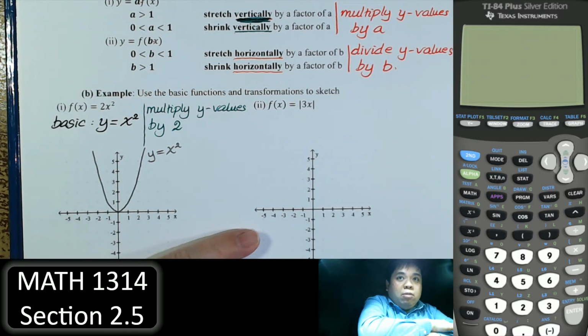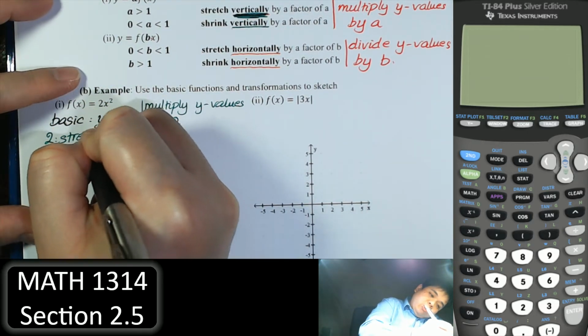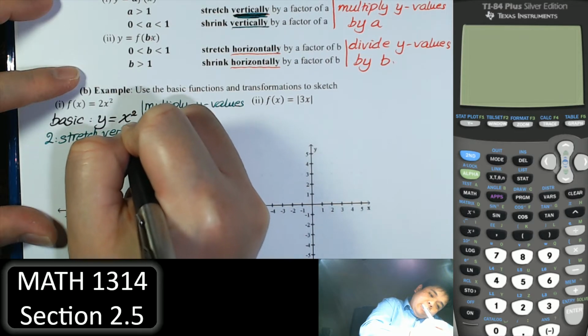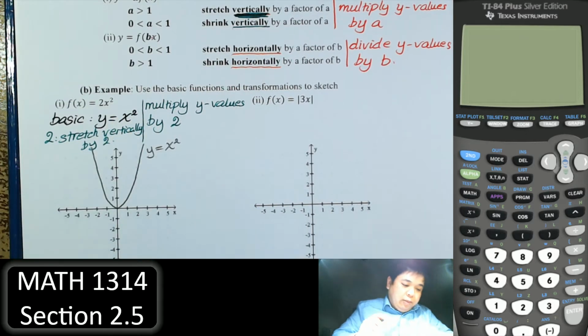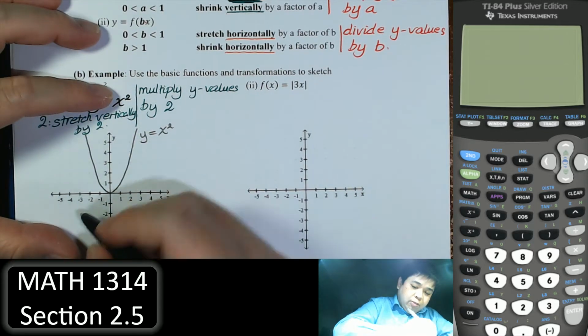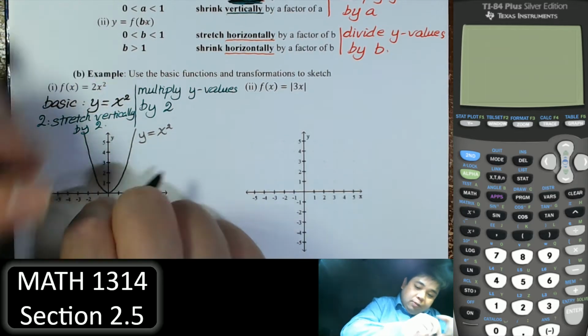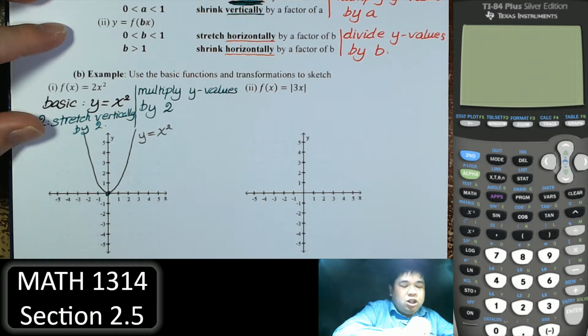If we have a positive number multiplied by 2, we're going to make the number bigger, therefore stretch. Here we just say stretch vertically by 2. Or we just multiply all the y values by 2. The y value is the height of the function. So say this point, the y value is equal to 0. 0 times 2 is still 0.